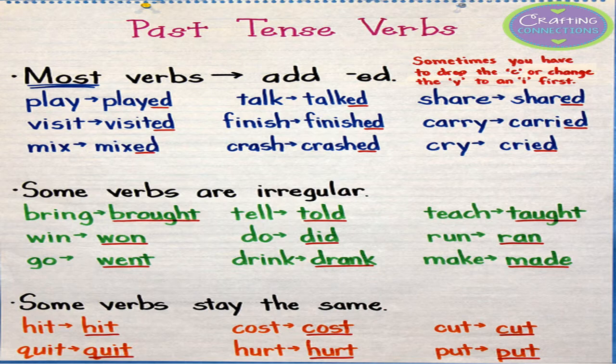The first kind is regular verbs and the second kind is irregular verbs. We add ed to most verbs in the past simple tense, but sometimes we can add just d, and also we can add ied.